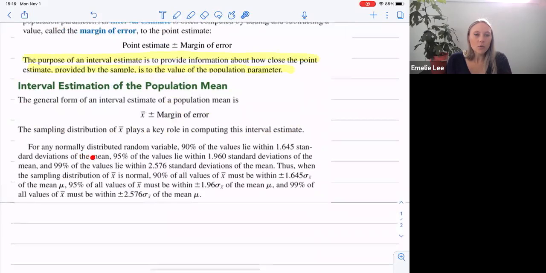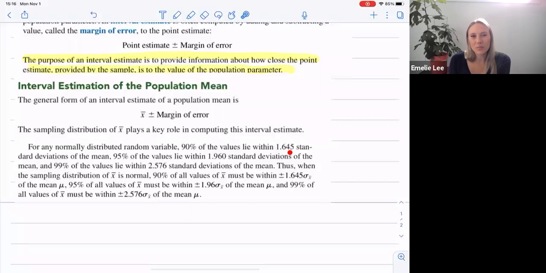So what we know from our review of normal distributions, I can't remember what chapter it was, is that we can find that 90% of the values lie within 1.645 standard deviations of the mean.